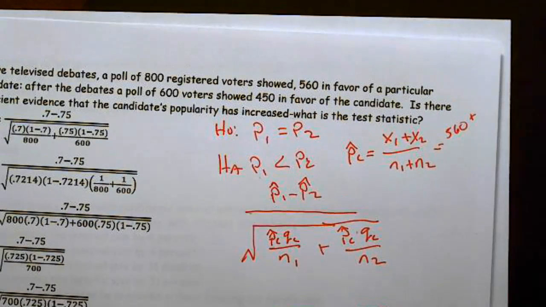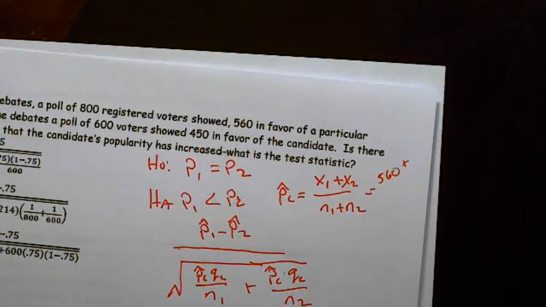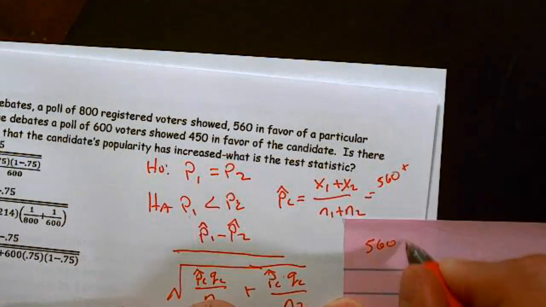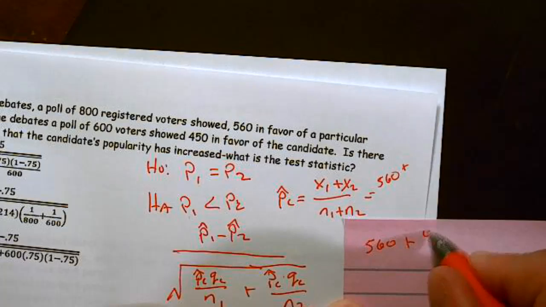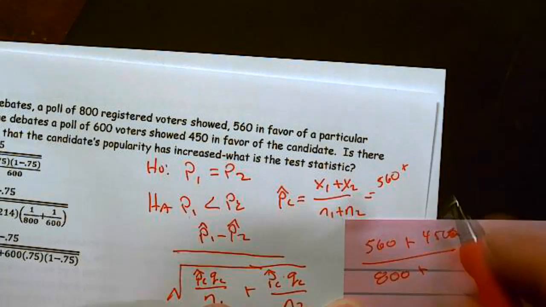I need to grab a sheet of paper. Then I'll just scoot it over here. 560 plus 450 over the 800 plus the 600.